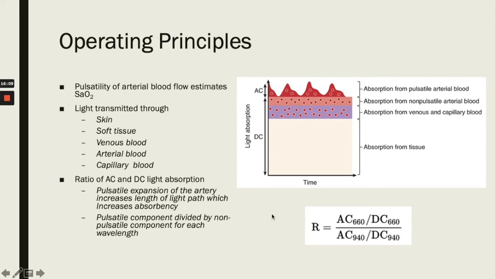So for 660, we would look at the pulsatile arterial blood divided by the non-pulsatile arterial blood, the venous capillary blood, and the absorption from the tissue, and then take that divided by the pulsatile component and the non-pulsatile component at the 940 wavelength, and that gives us our ratio, which allows us to estimate our SaO2 via the pulse oximeter probe.